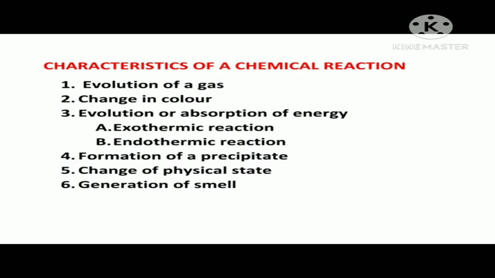Sometimes a chemical reaction is characterized by the change in physical state. That means a solid may change into a gas, or a gas may change into a solid, a liquid may change into a solid, a liquid may change into a gas. So let's see an example of a reaction where there is change in physical state.